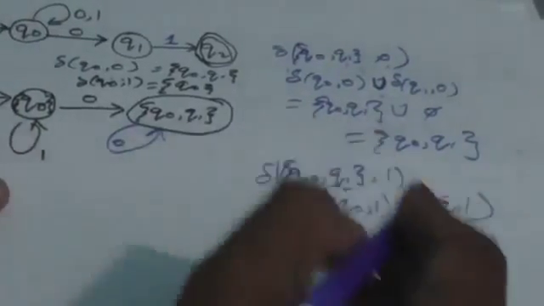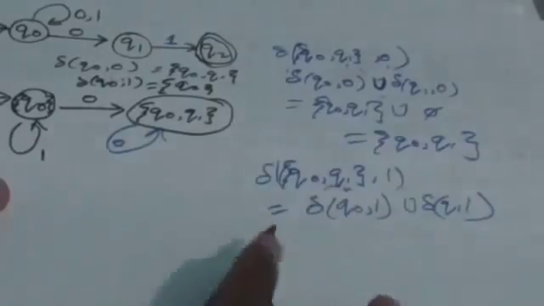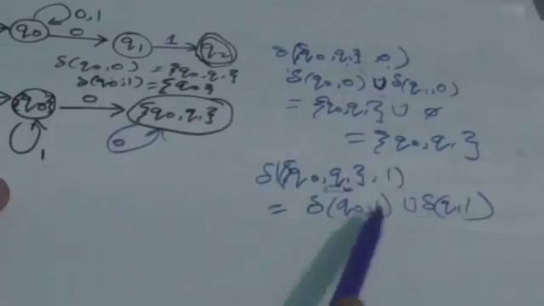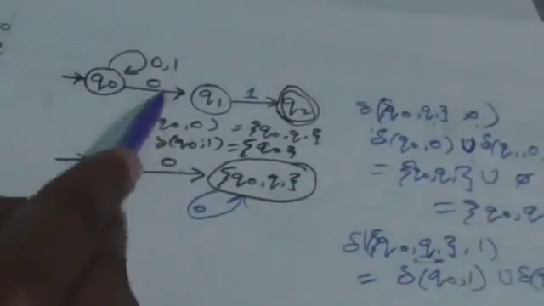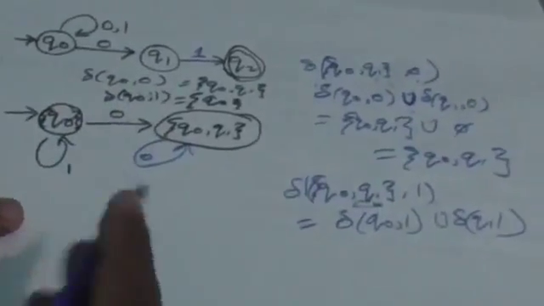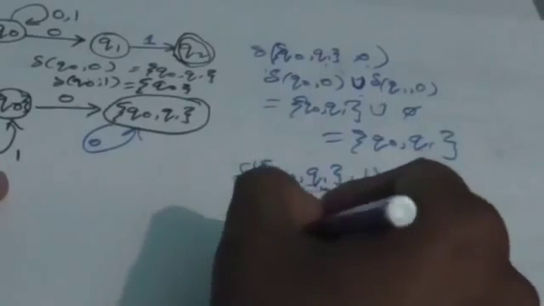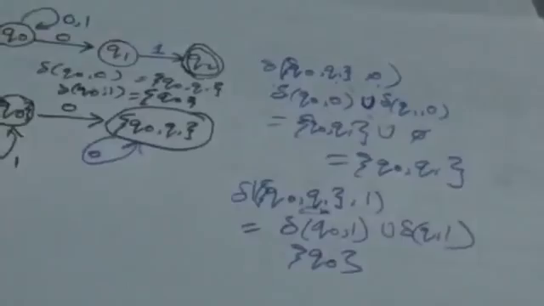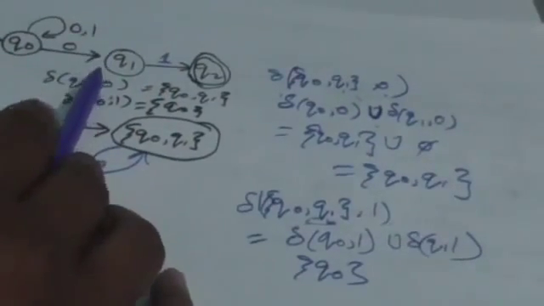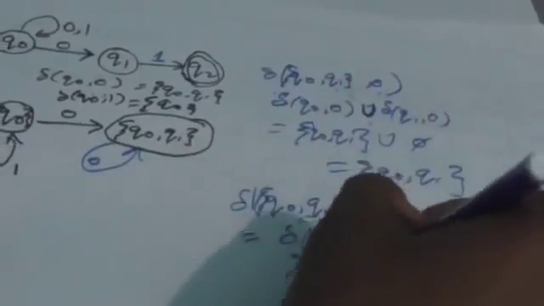For Q0, on 1 there is only one transition, to Q0. So it would be Q0. And you can see when we apply 1 to Q1, the next state would be Q2.